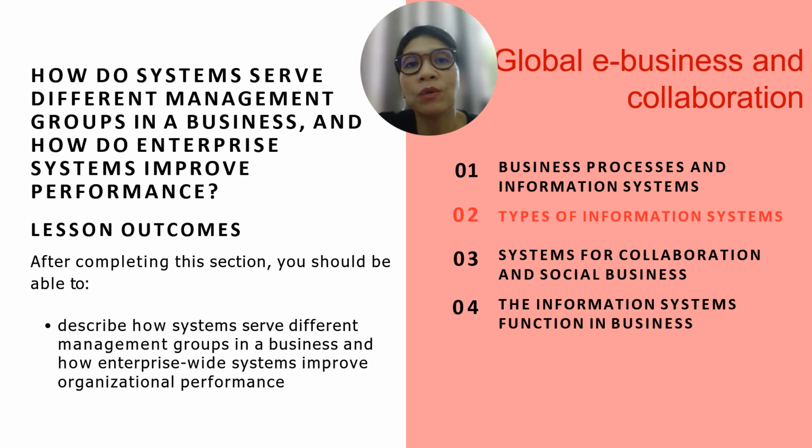So we are looking at how systems serve different management groups and how enterprise systems improve performance. If you can see the lesson outcomes, after completing this section, you should be able to describe how systems serve different management groups in a business and how enterprise-wide systems improve organizational performance.